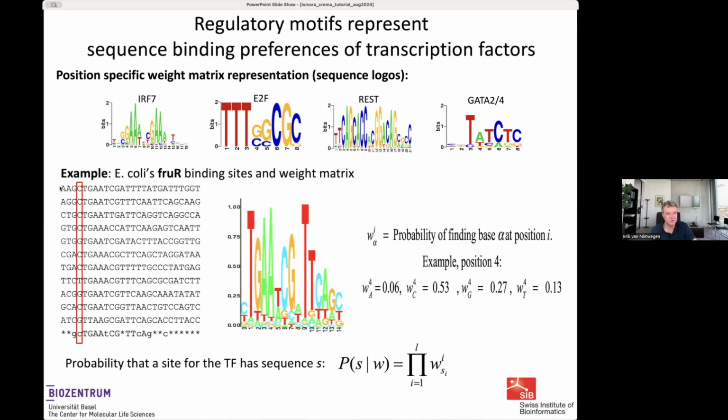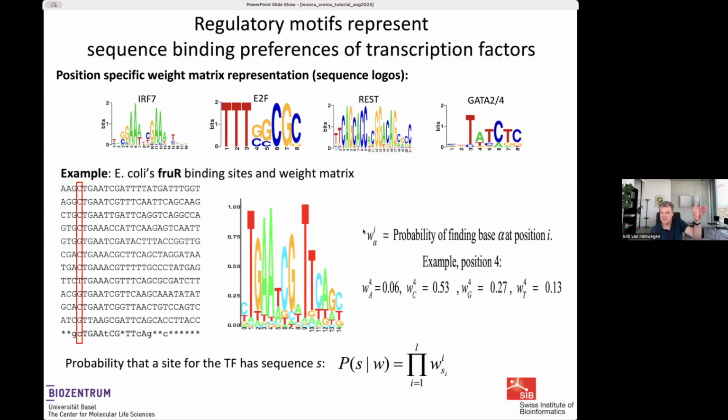And so what you can do is go column by column, and in each column count how many of the binding sites have a C at this position, how many have a T, how many have a G, how many have an A. And you calculate these fractions. So here at position 4, 6% of the sequences have an A, 53% have a C, 27% a G, and 30% a T. And so this is one column of the weight matrix.